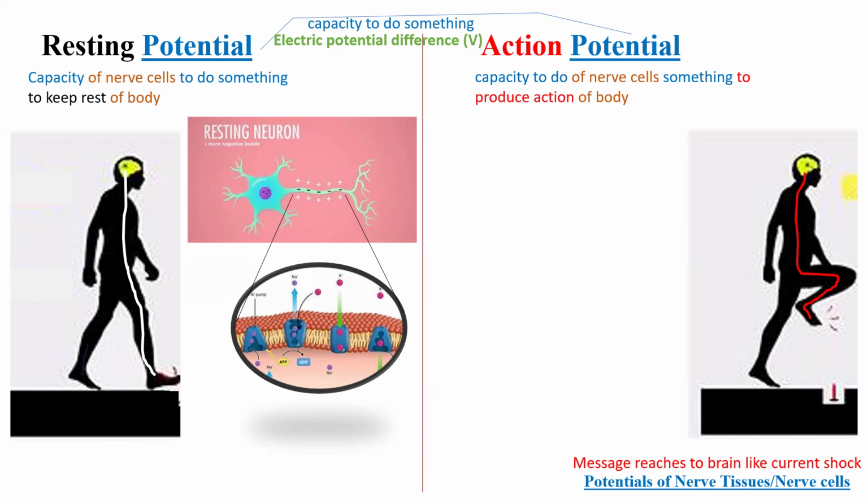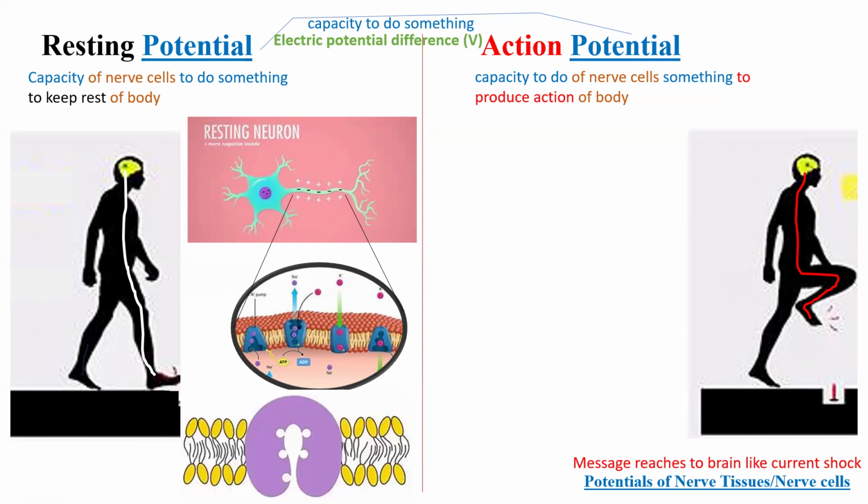Permeable means it can allow everything to pass through it. Non-permeable is not allowing anything to pass through it, like a wall. Semi-permeable is selective, in between permeable and non-permeable, where it is allowing some things to pass through it but not all.